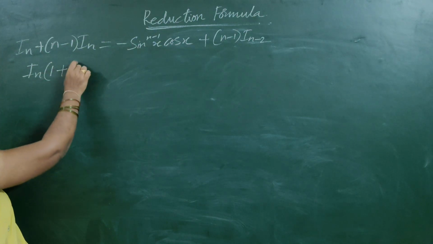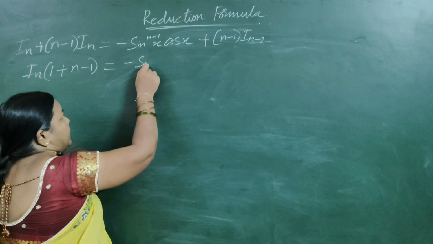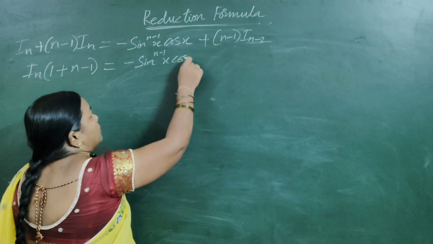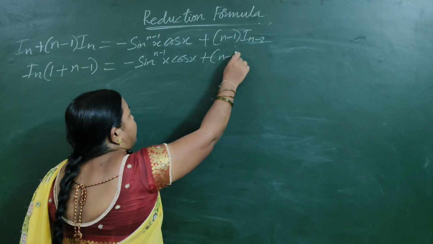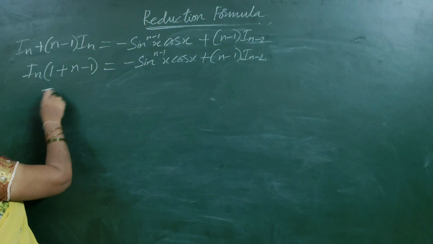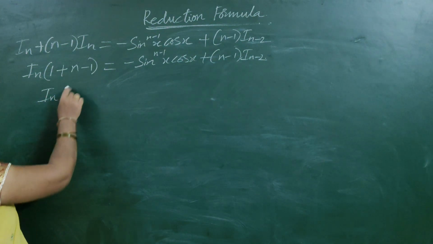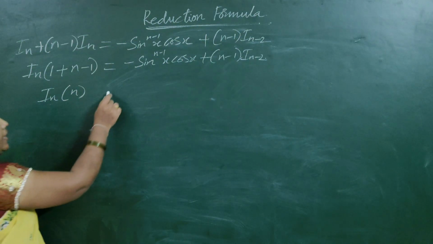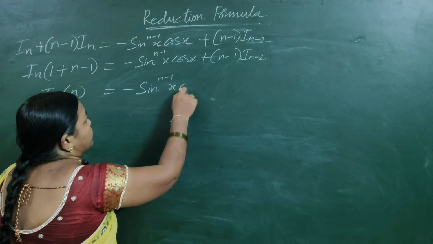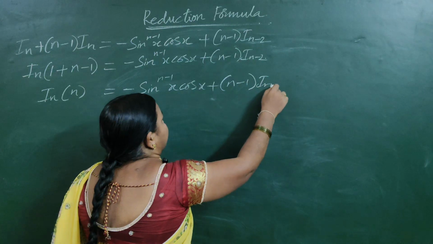Next plus n minus 1, equal to, on the right hand side, write as it is, that is minus sine to the power of n minus 1 x cos x plus n minus 1 into I n minus 2. Next, see here, plus 1 and minus 1 will get cancelled, the remaining term is n. It is I n into n equal to minus sine to the power of n minus 1 x cos x plus n minus 1 into I n minus 2.